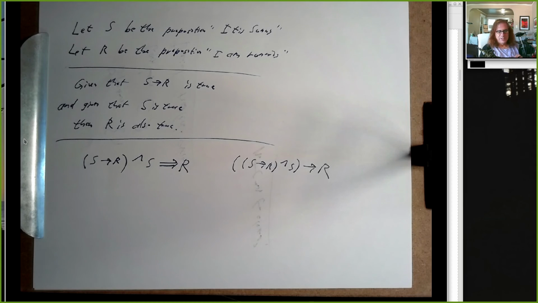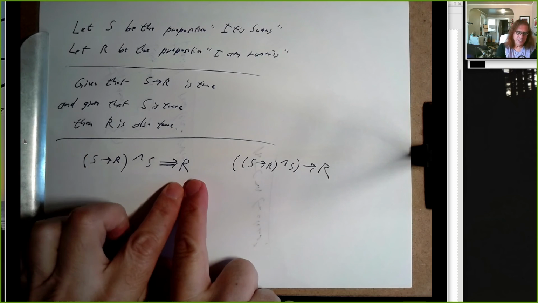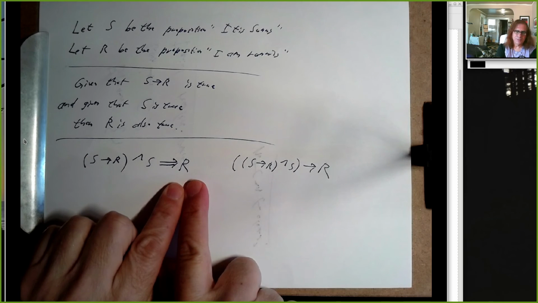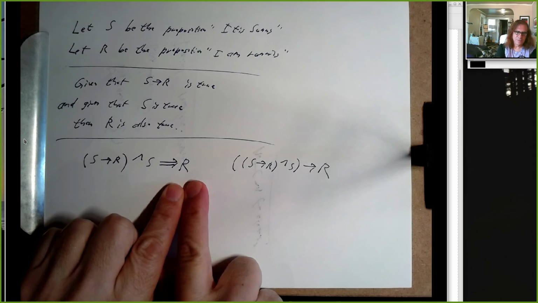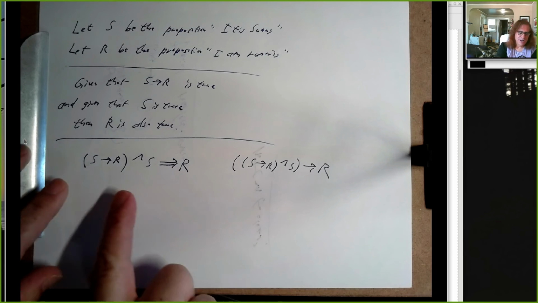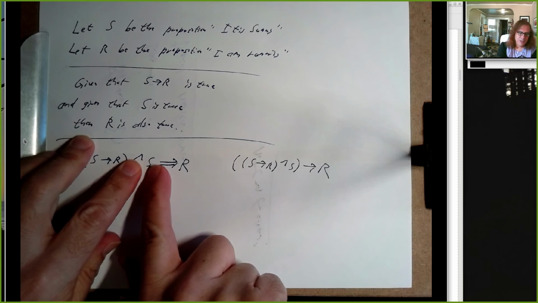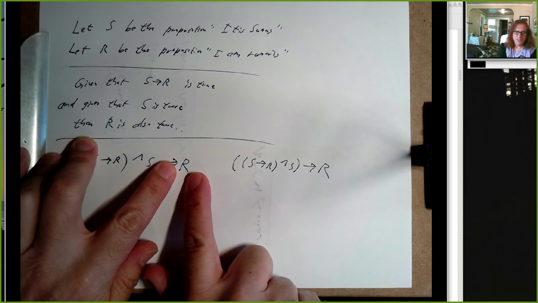All right, this is a theorem. This theorem is saying if this is true and that is true, then this is also true. The claim is if we start off with just the knowledge that this statement is true and that statement is true, we can eventually construct a convincing argument which shows that this statement is true, R.